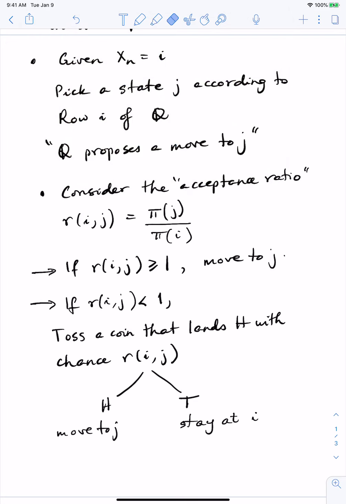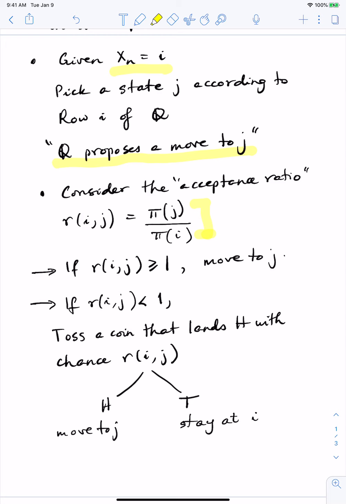So you start at decoder I. Your matrix Q then goes to its row I and proposes a move to J. You then look at whether that state J is better or worse than the state I that you're in right now by comparing the two scores.